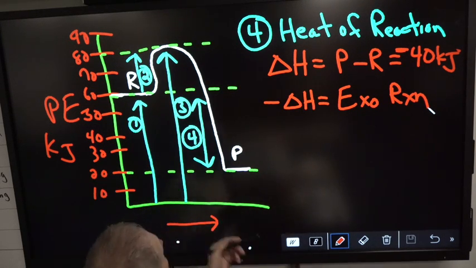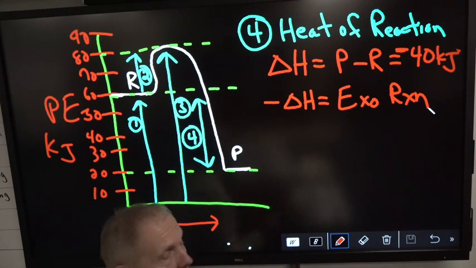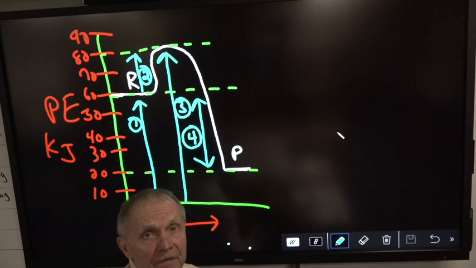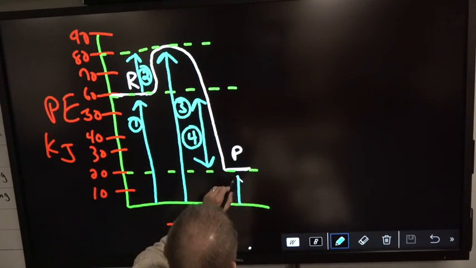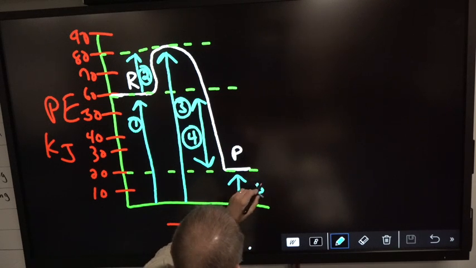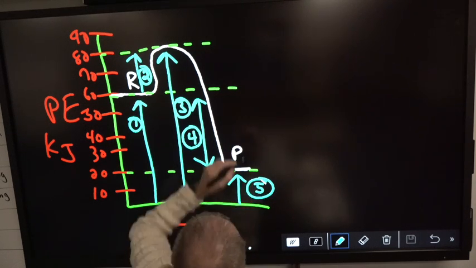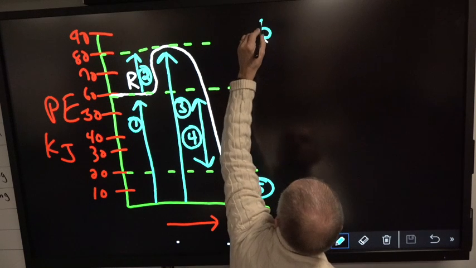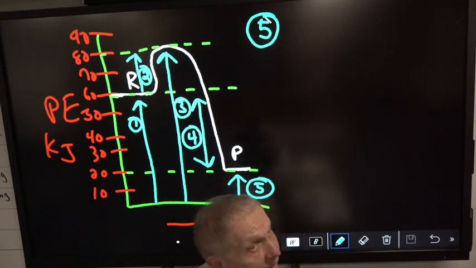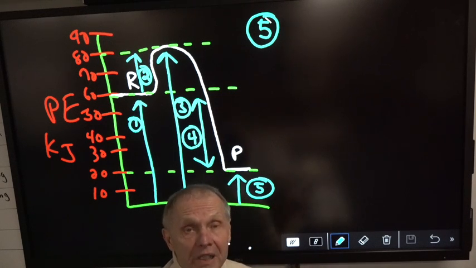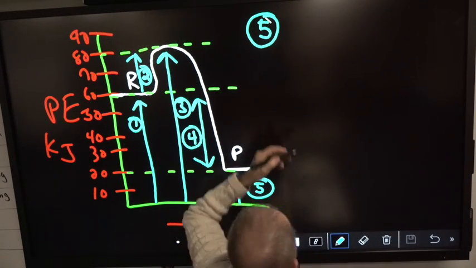Okay, so the next line segment is line segment number 5. Line segment number 5 goes from the bottom to the products. And that just measures the PE of the products.